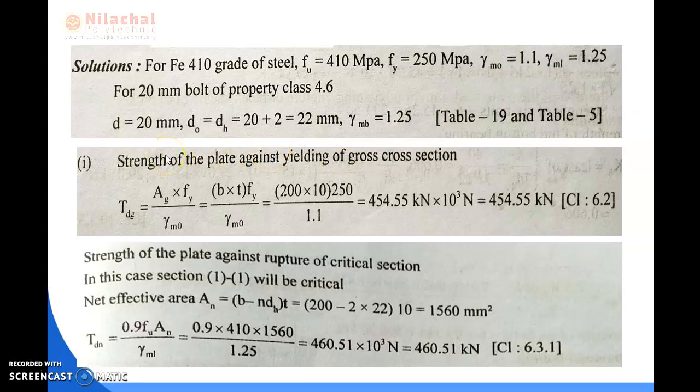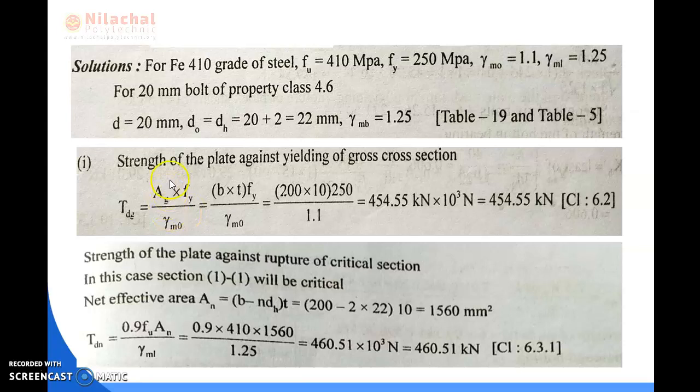So now the first strength calculation, which is the strength of the plate against yielding. This formula is used to calculate the strength of the plate against yielding, which is Tdg equal to Ag into Fy divided by gamma m0.